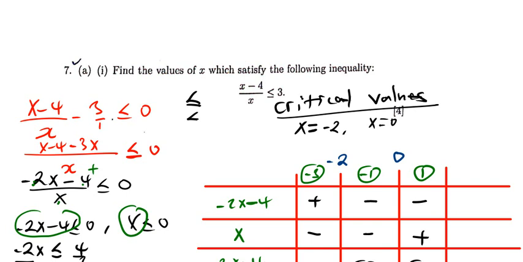So in this case, starting from negative infinity to negative 2, included, union 0 not included, like I said, is going to give me undefined.